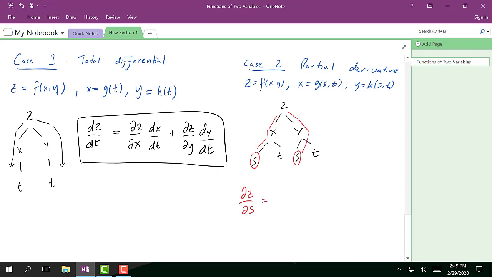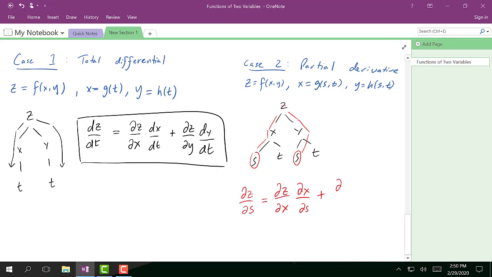Each time I cross an edge, I write that respective partial derivative. So here I go from z to x: the partial derivative of z with respect to x times the partial derivative of x with respect to s.